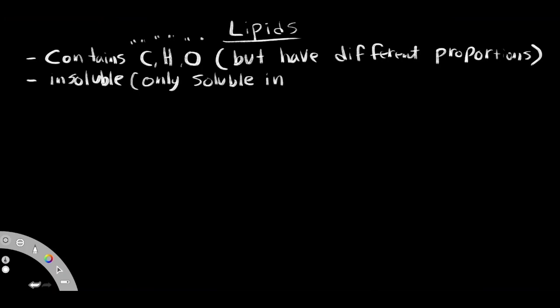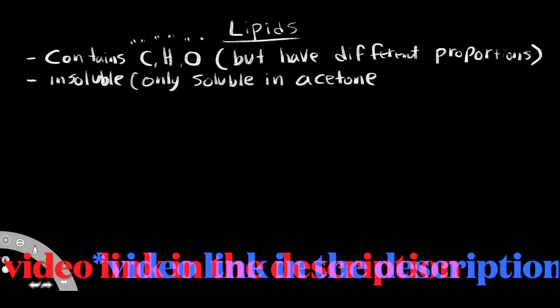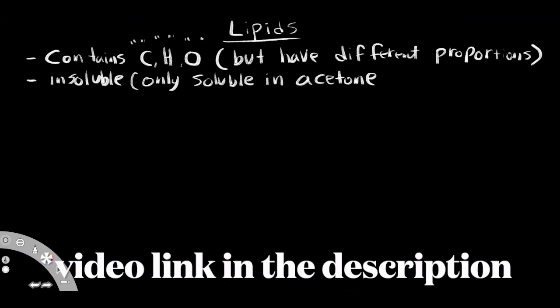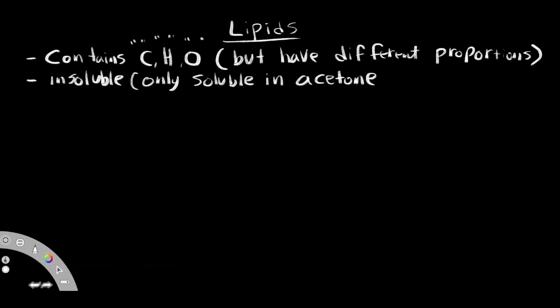So it's only soluble in fat-soluble compounds. For example, acetone. This is also known as nail polish remover. I want you to please look at the video link in the description here, where we go in depth about polarity. So if something is polar or if something is non-polar, and prove how.